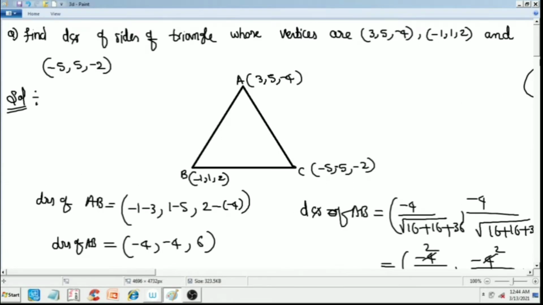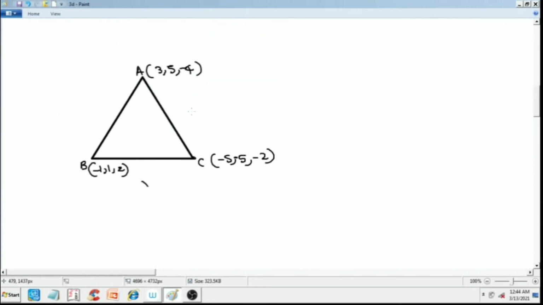Next, DCs of AC. First find the DRs of AC: x2 minus x1, minus 5 minus 3 is minus 8. Minus 5 minus of minus 5 is minus 10. Minus 2 plus 4 is plus 2.